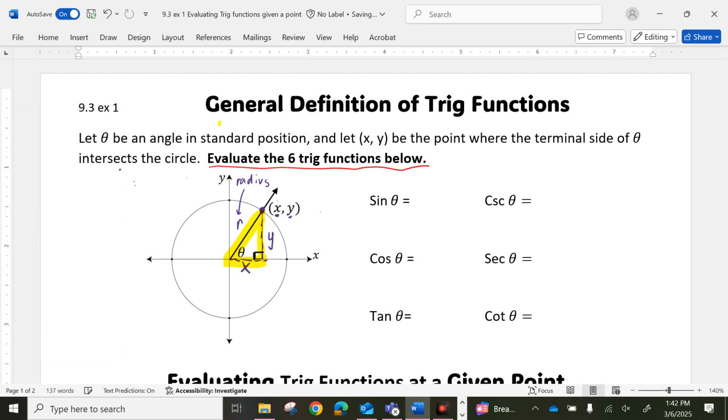So that's why you have a right triangle here. The radius of the circle, by the way, is a radius because it starts in the center and then it goes to the outside. So part one is you're going to draw a triangle, you're going to label x, you're going to label y, and then you are going to solve to get r.